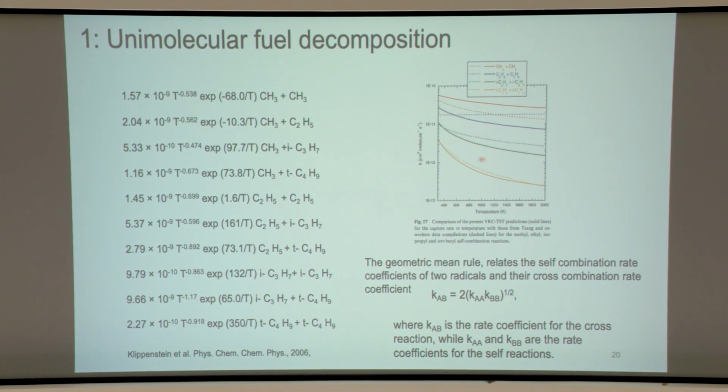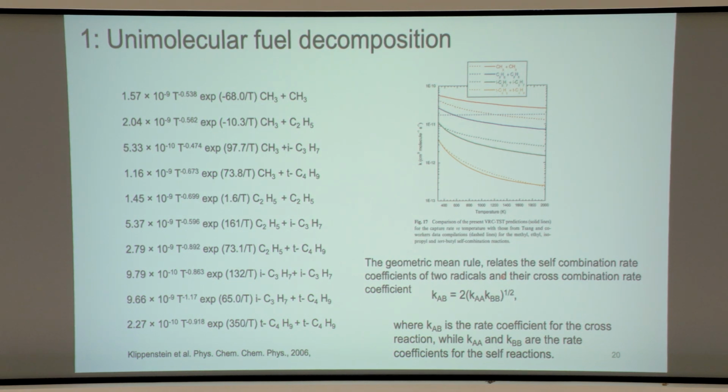Okay, so based on this, he starts developing these types of equations. So a fitting equation, A factor and activation energy, right? And for two different radical recombinations. And he's written these down now for all different kinds that he calculated. Methyl plus methyl, methyl plus ethyl, methyl plus isopropyl, isopropyl plus isopropyl.